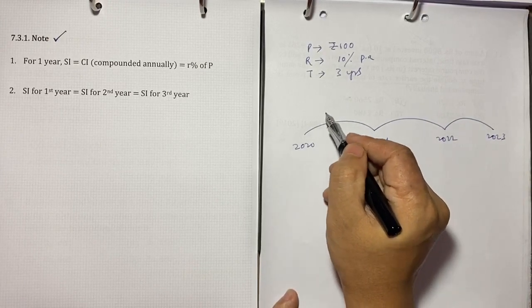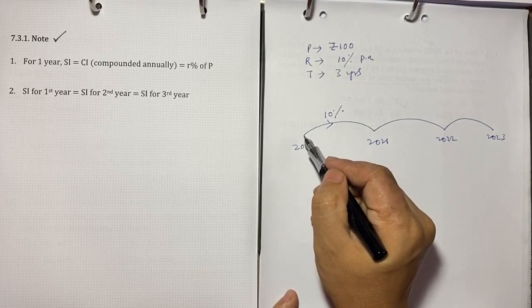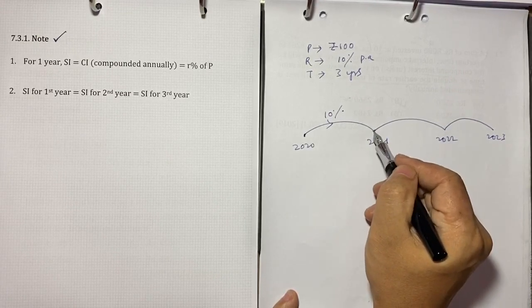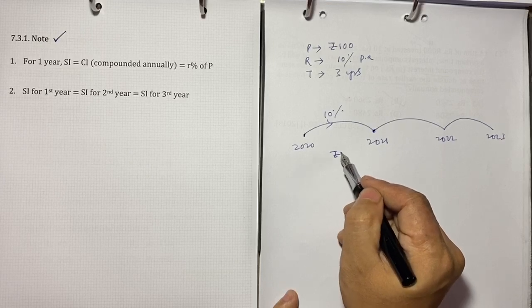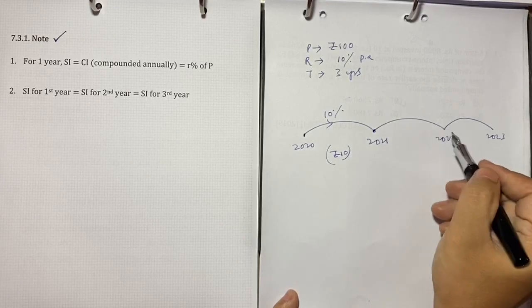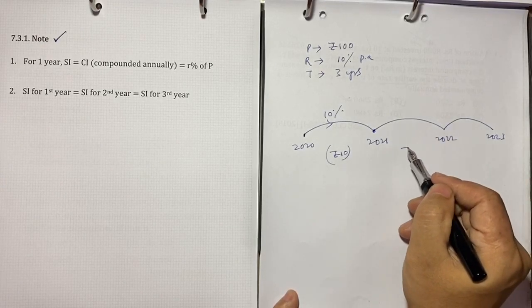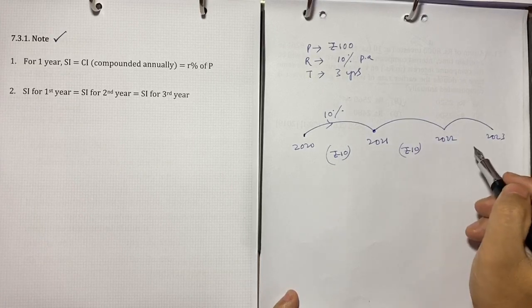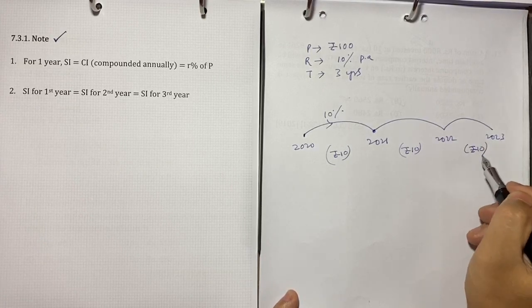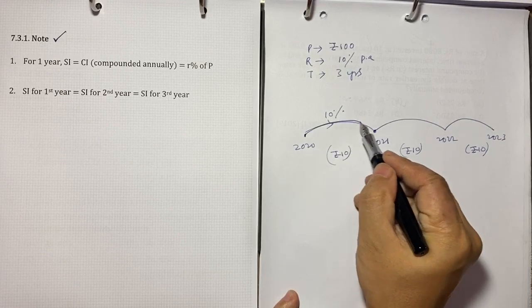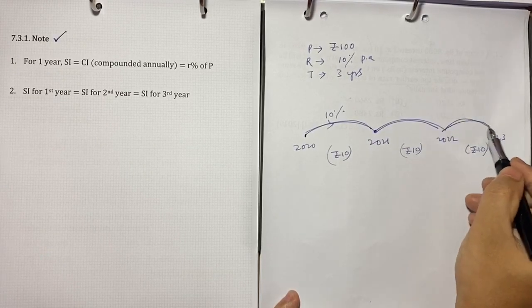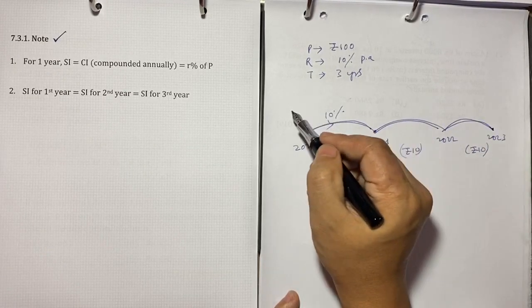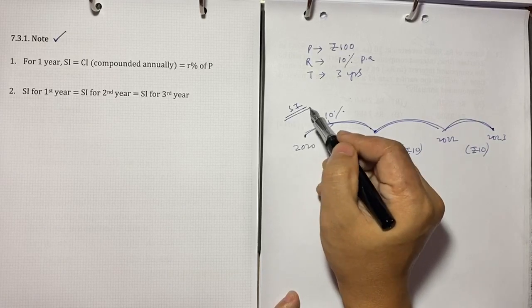The interest for the first year, the second year and the third year is the same for simple interest.